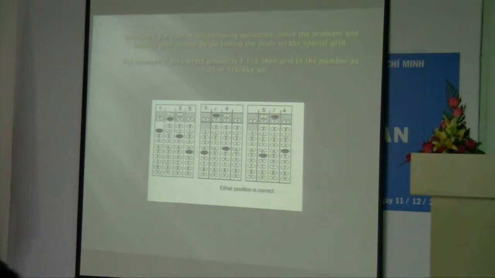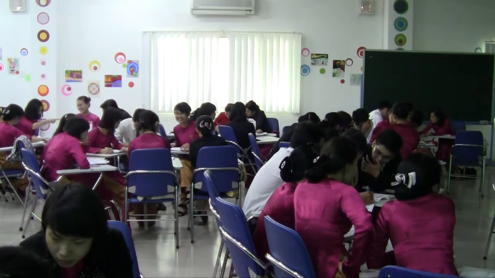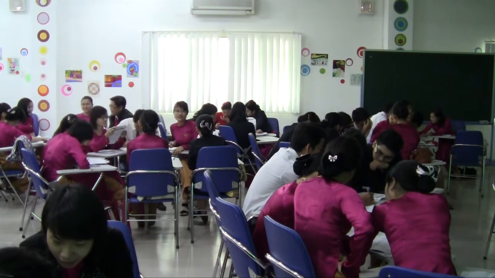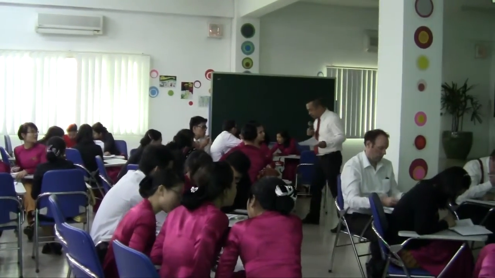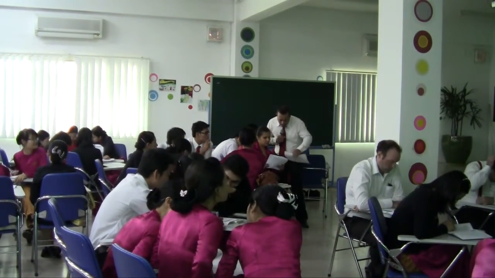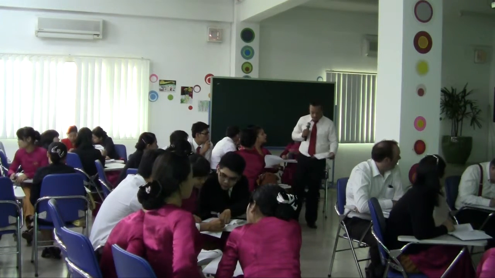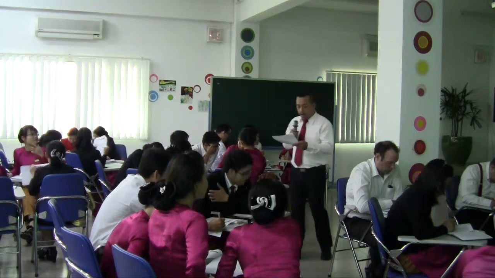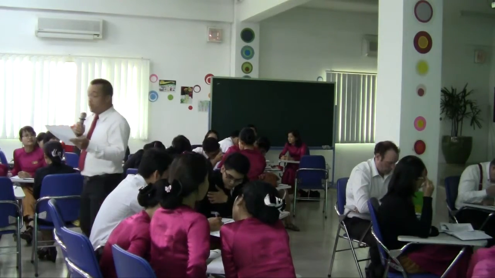Okay, let's do the first part. Okay, so the answers for the first exercises will be, okay, do you have any questions for this? Either 1, 2, 3 or 1, 2, 3 in any order. So the first, which is 1, 2, 3, you can have it in the second column.